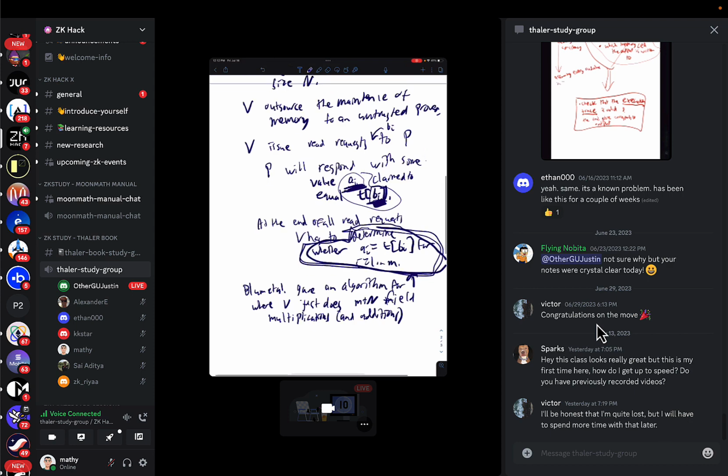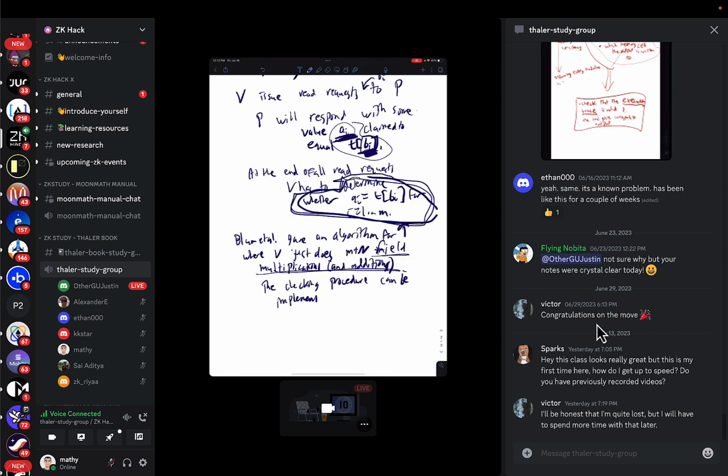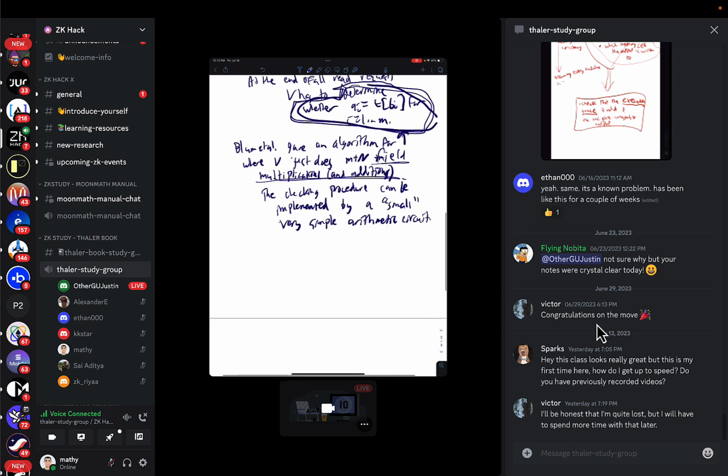But the algorithm they wound up giving, while achieving small space, also involves the verifier just doing field operations, which means the checking procedure can be implemented by a small, just generally very nice, very simple arithmetic circuit, which is exactly the kind of circuit that SNARKs like to use. Okay, so you can get a lookup argument directly from it, as follows.